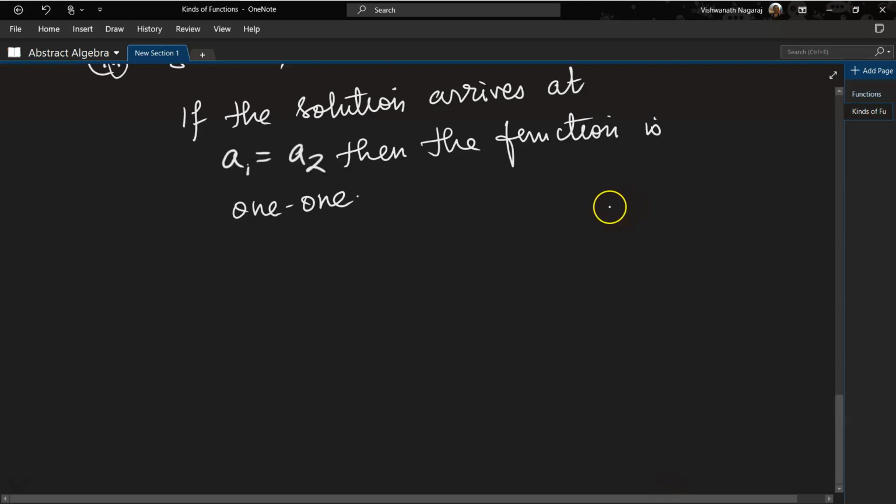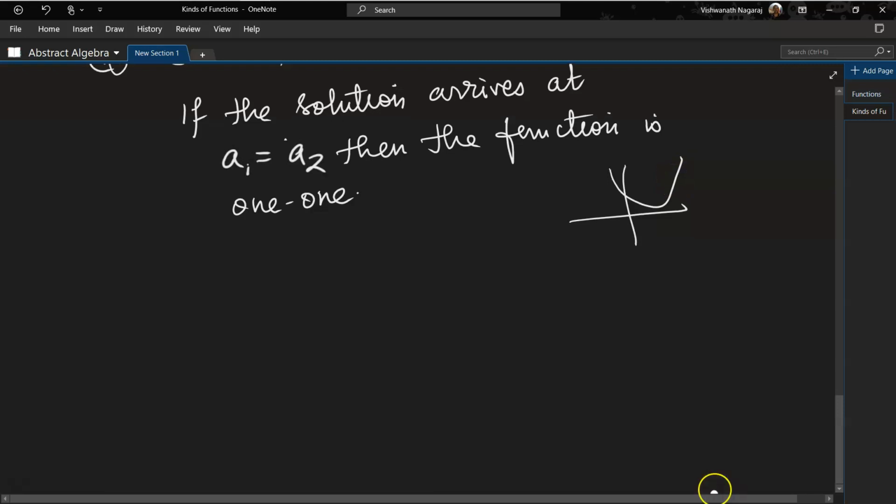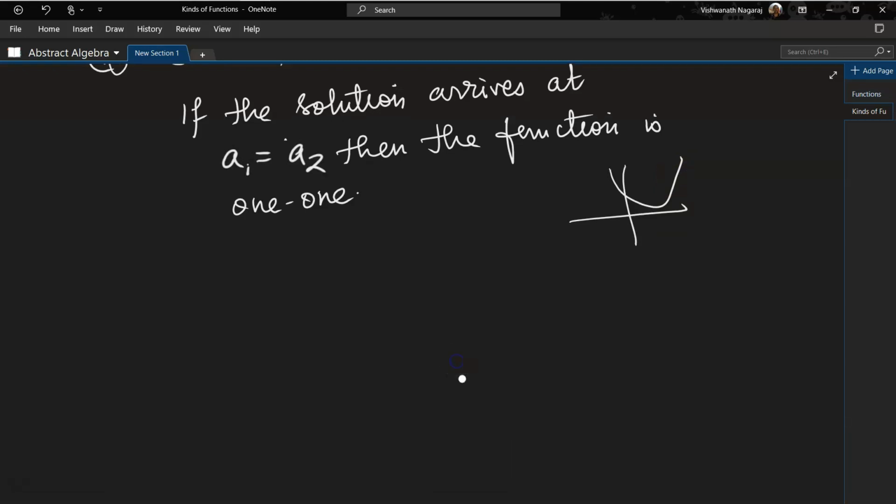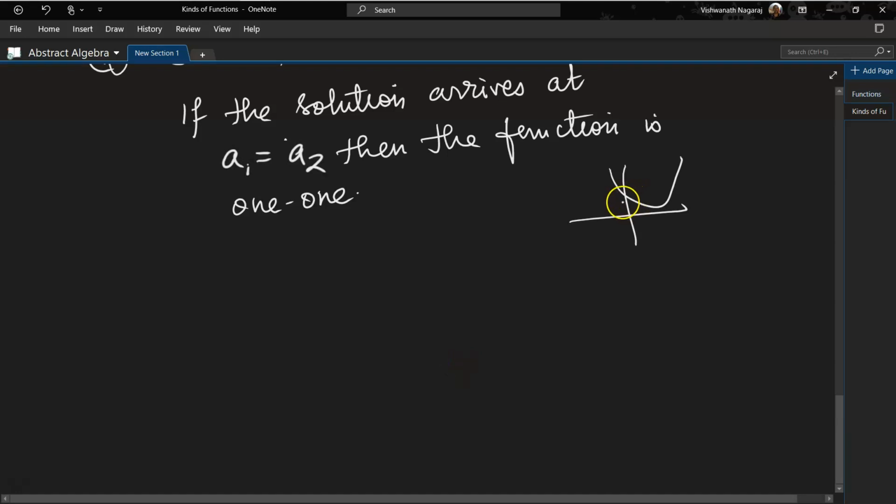Basically what this means is that if you look at a graph, let's say y equal to x square plus something, here you will notice that for a given value of x, there is only one value of y. Some other x, a specific value of y.